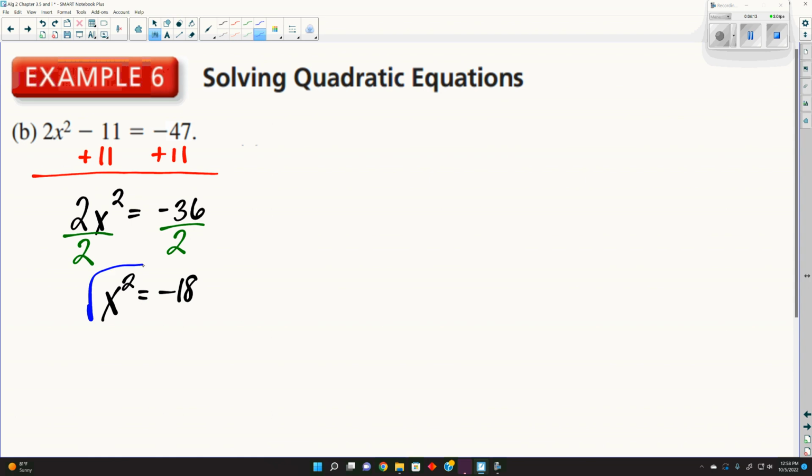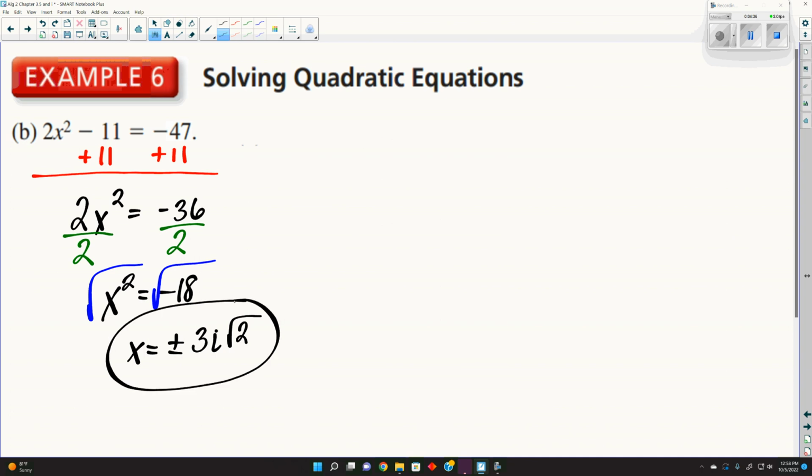And then take the square root of both sides, which tells us x is equal to, we'll say, 3i square root of 2. Because we bring the i out for the negative, square root of 18 is 3 square root of 2. So we plug it in, and we get this here.